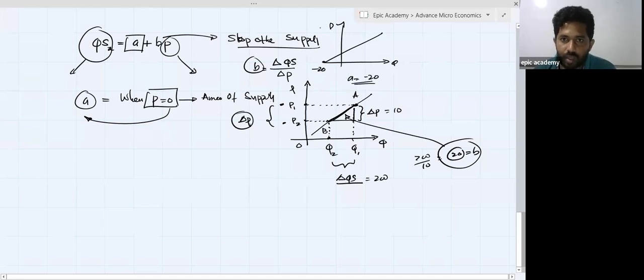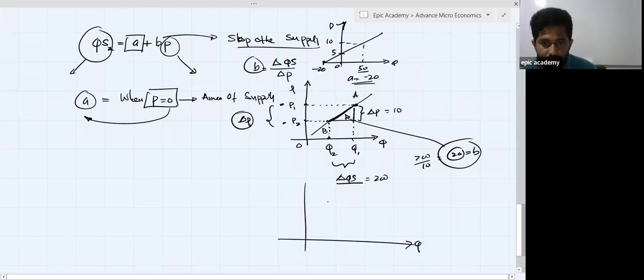That means when the price equals 0, the quantity supplied equals minus 20, which means there is no supply. If the price equals 5 rupees, they start to supply. At 10 rupees, they supply 50. Just as an example, do not worry about the values.